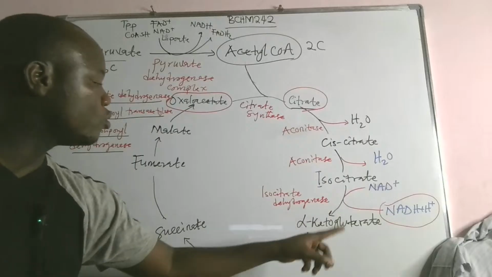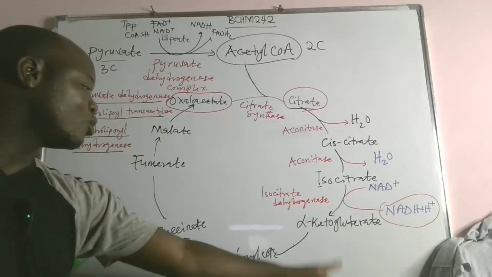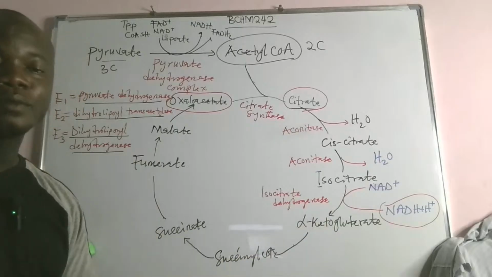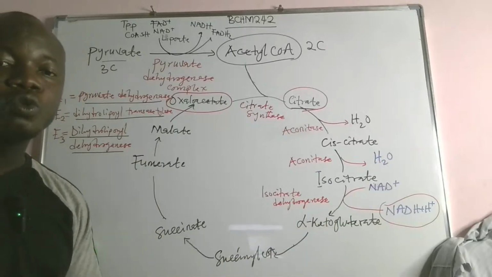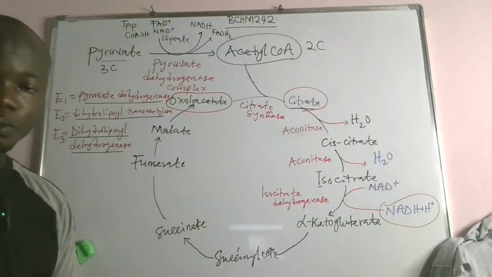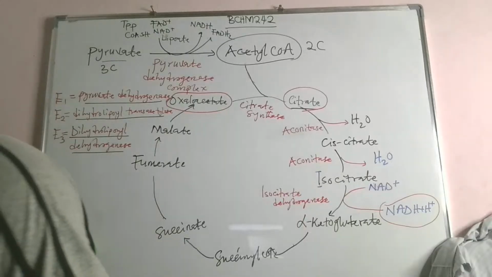After alpha ketoglutarate is generated, the alpha ketoglutarate will be converted into succinyl-CoA. What happened actually at this step?